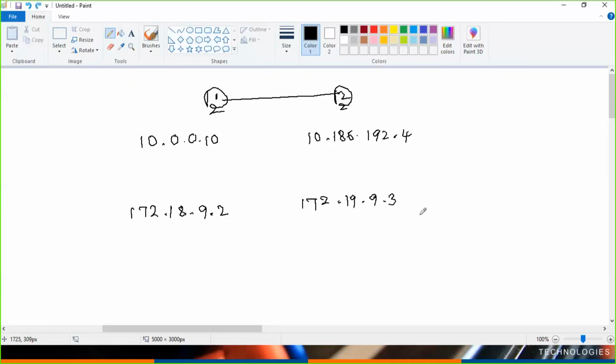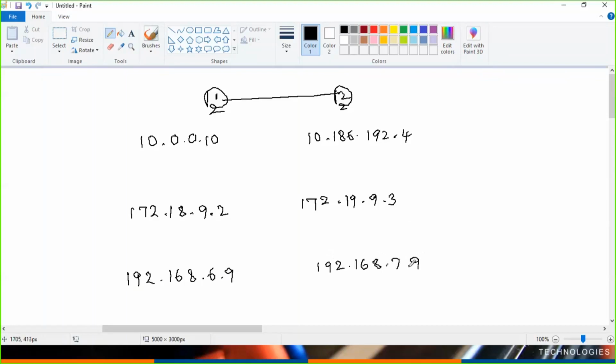Now in the second case, will device 1 and device 2 communicate? I think so. Okay. In the third case, the first device IP address is assigned 192.168.6.9. For device 2, 192.168.7.9.